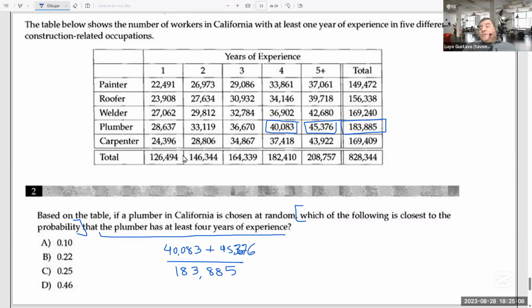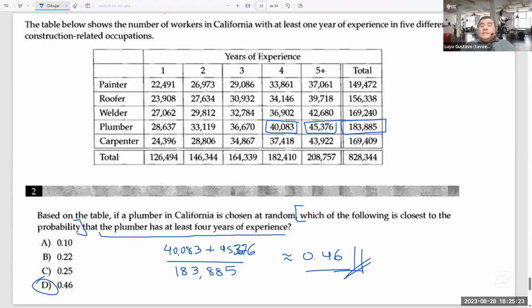Okay, if you do this in your calculator, you get approximately 0.46. This would be the answer. That is to say, option D. Okay? Well, let's keep going.